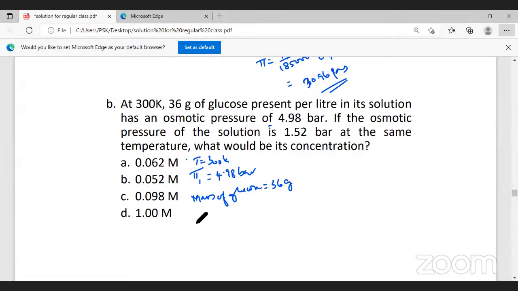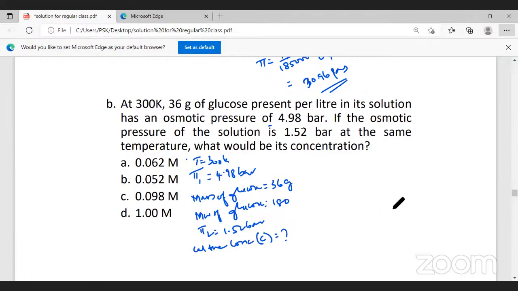And we should know the molecular weight of glucose. I told you in the last class also, it is 180. And they have given osmotic pressure pi 2 as 1.52 bar. And what are they asking? They're asking you to calculate the concentration. That is, they're asking you to calculate C.